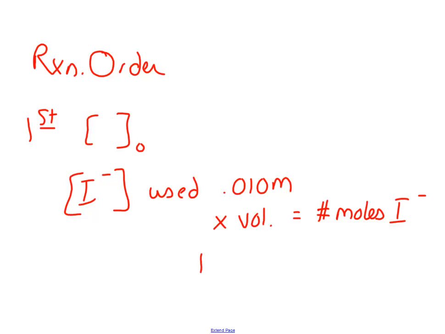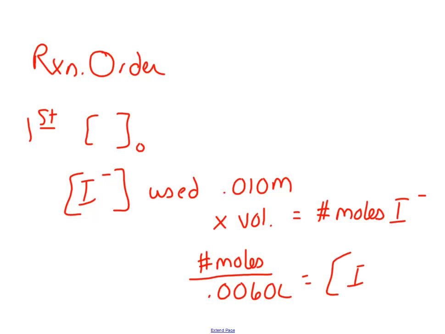And then I'm going to take that number of moles, and I'm going to divide by 6 milliliters, and that gives me the initial concentration of the iodide ion. So I have to do that for each of my 8 reactions, for each of my 3 reactants. Relatively straightforward in terms of finding initial concentrations. So you'll need to do that. We'll check to make sure you've got the correct initial concentrations on Monday.